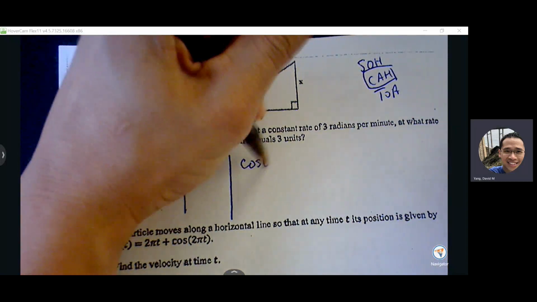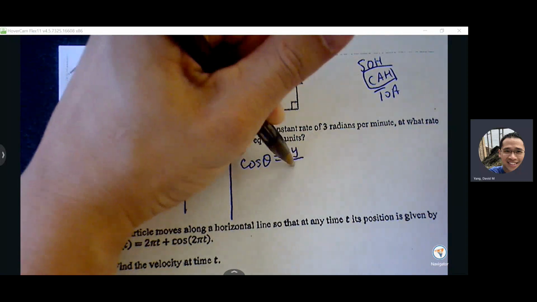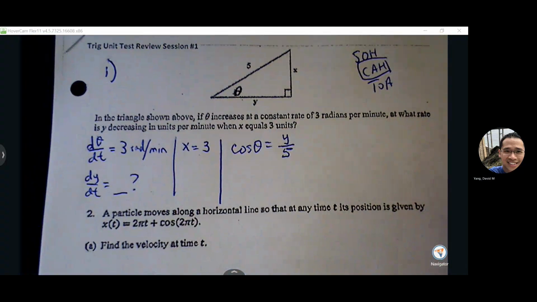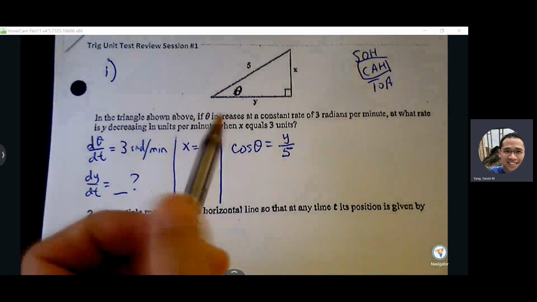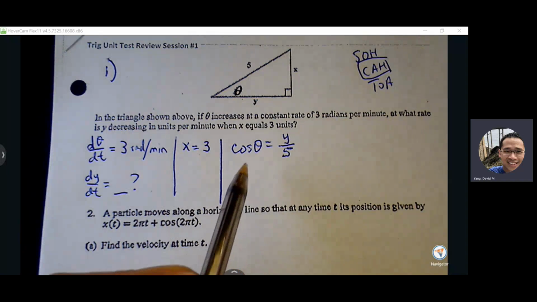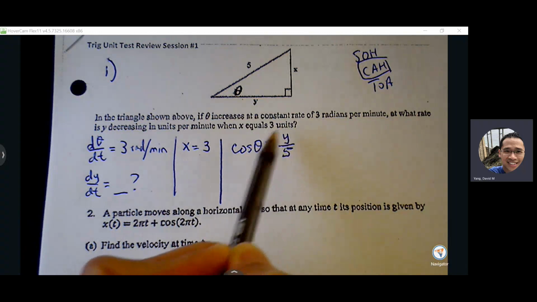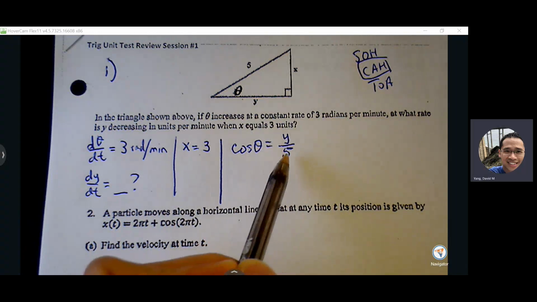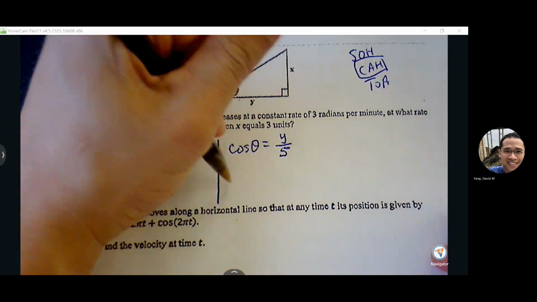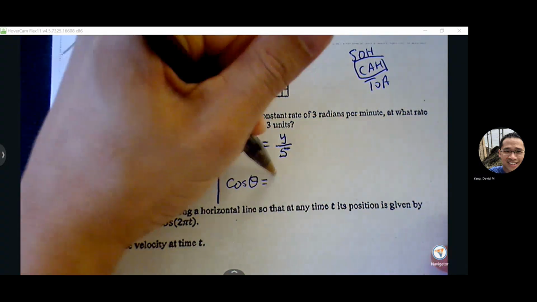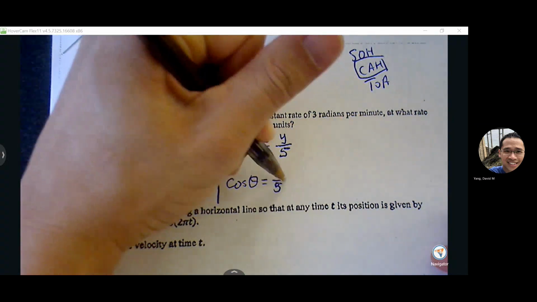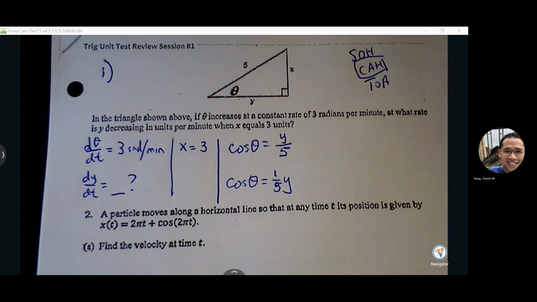Okay, so cosine theta equals y over 5. We want to find the derivative of this equation, but remember time is going to be our independent variable here. Cosine's derivative we can take care of, but this y over 5, I'm going to rewrite so that I don't have to deal with quotient rule. I'm going to pull that 5 out as 1/5. Okay, so now I can find the derivative.